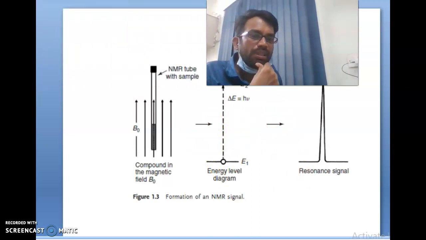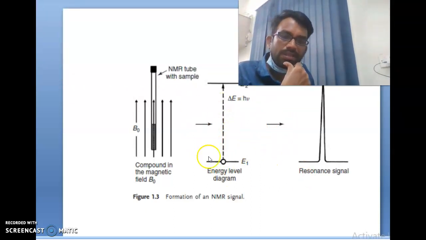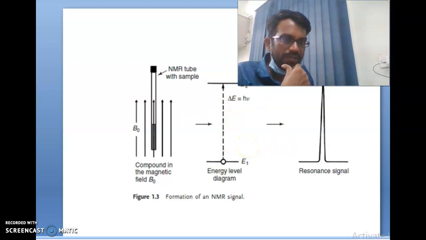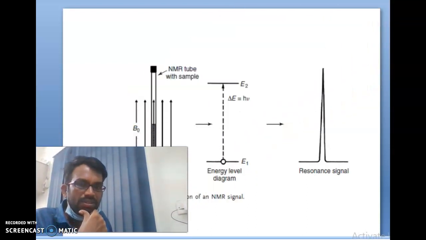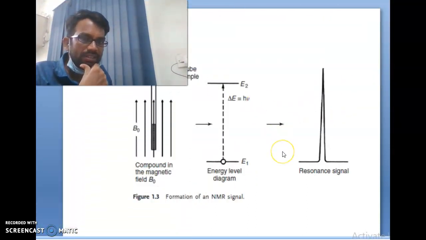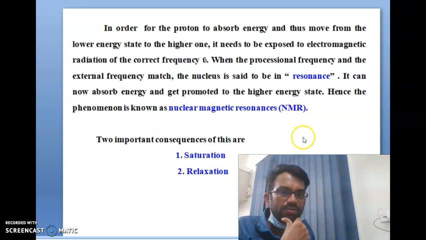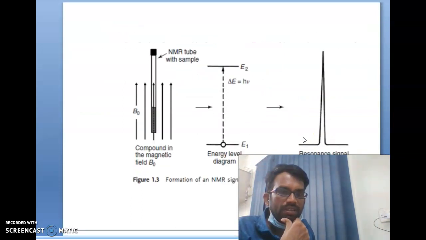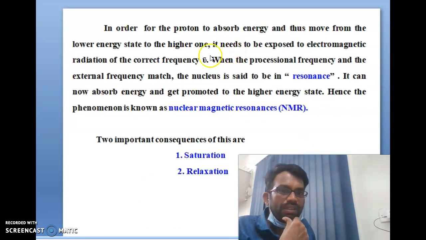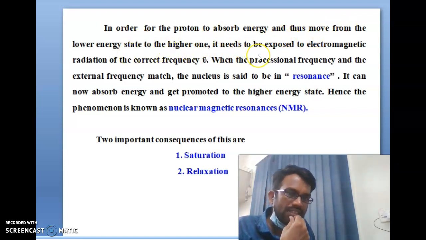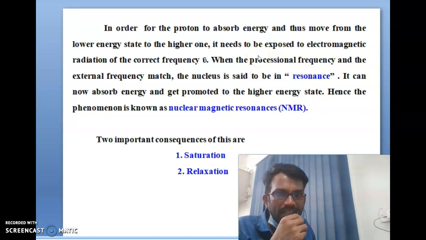From this picture you can completely understand the principle of NMR spectroscopy. I hope you understood these things. Next, for the proton to absorb energy and move from the lower energy state to the higher energy state, it needs to be exposed to electromagnetic radiation of the correct frequency.